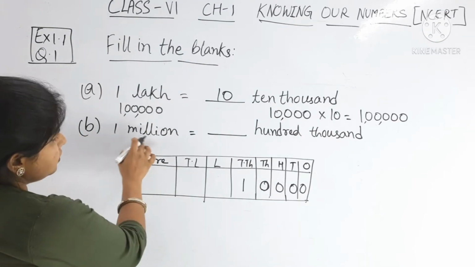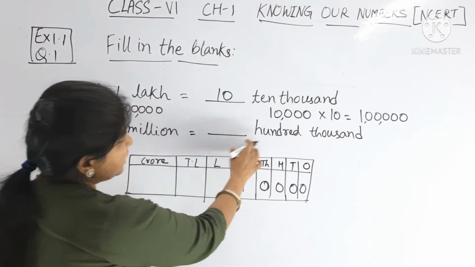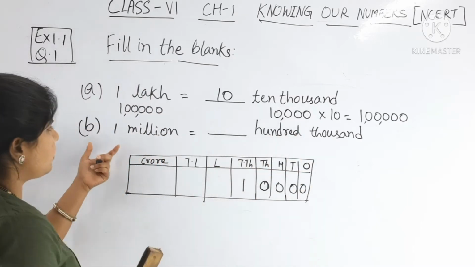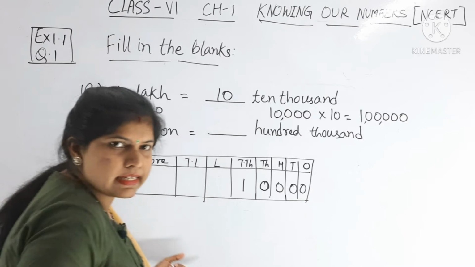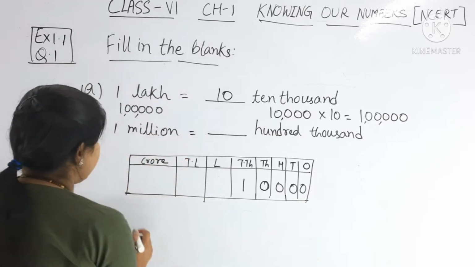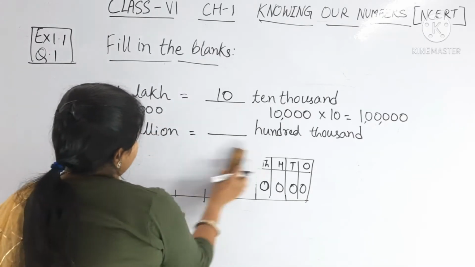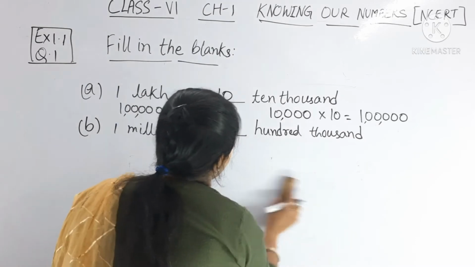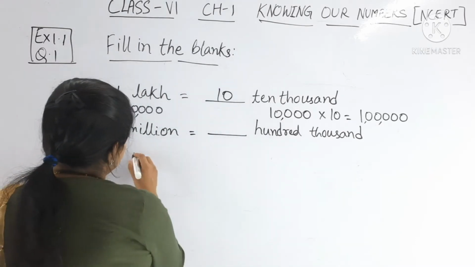For this, 1 million is equal to dash 100,000. For this we have to make the place value chart of the international system because it is in million. So I am making the place value chart of the international system.